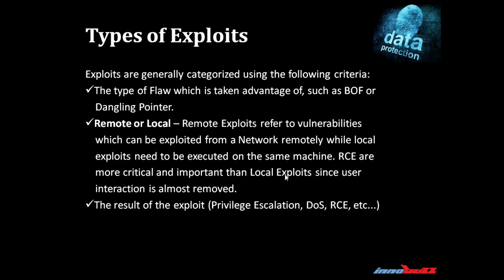Remote exploits refer to vulnerabilities which can be exploited from a network remotely, while local exploits need to be executed on the same machine. RCE are more important and critical than local exploits since user interaction is almost removed. And the result of the exploit, some of the examples being denial of service and remote command execution.